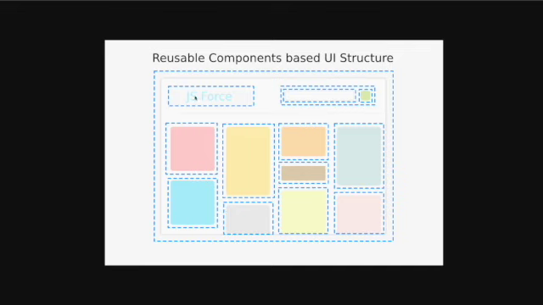So assume that there is a logo place, there is a search bar, there is a list of products. These three chunks are the components. So logo, search bar, and a product card. These three are separate components.